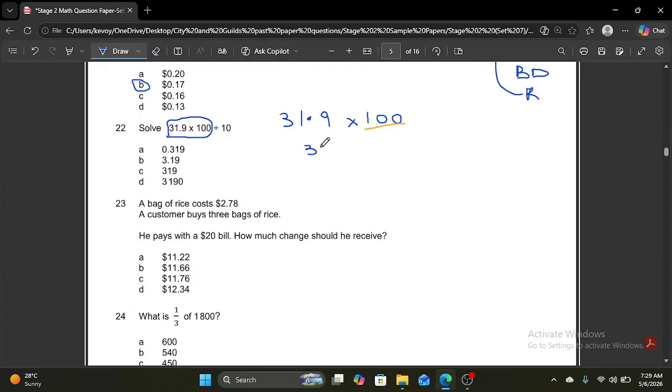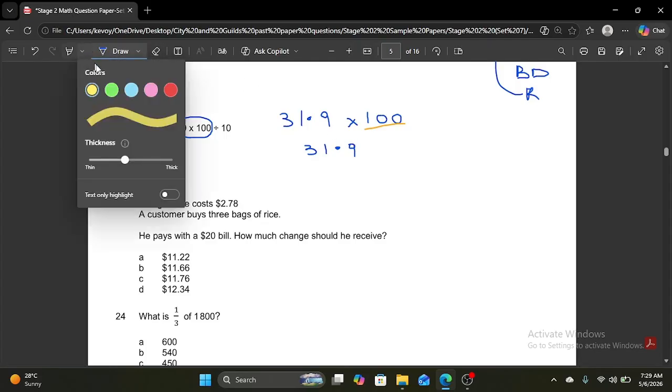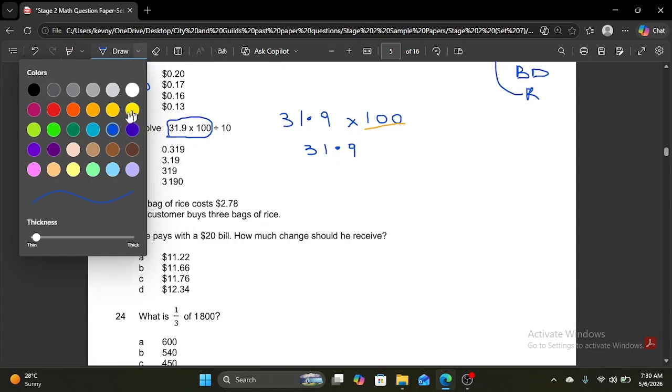31.9, and we're going to move the decimal point by the number of zeros.